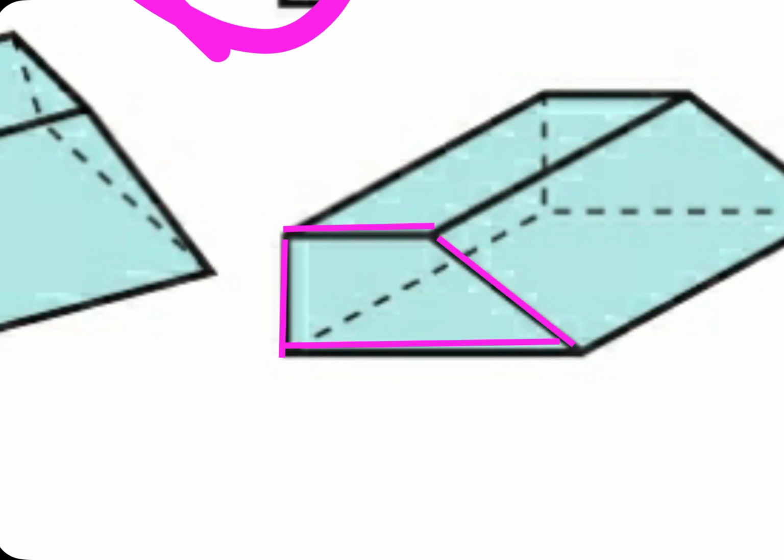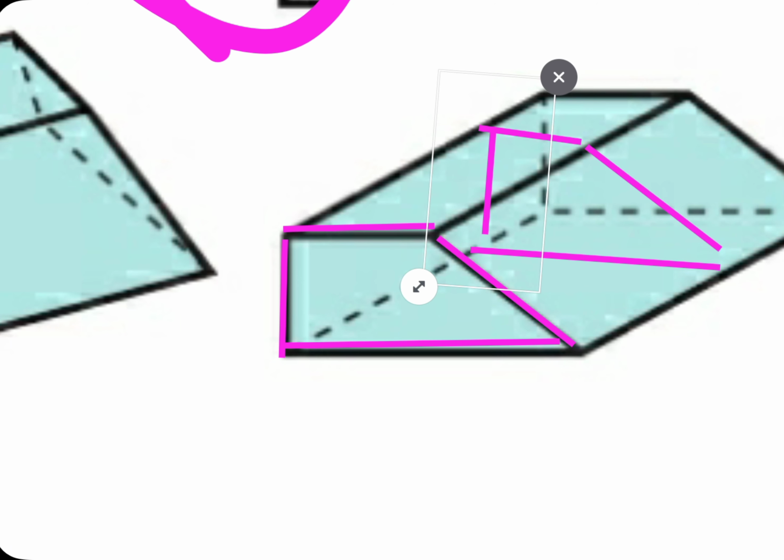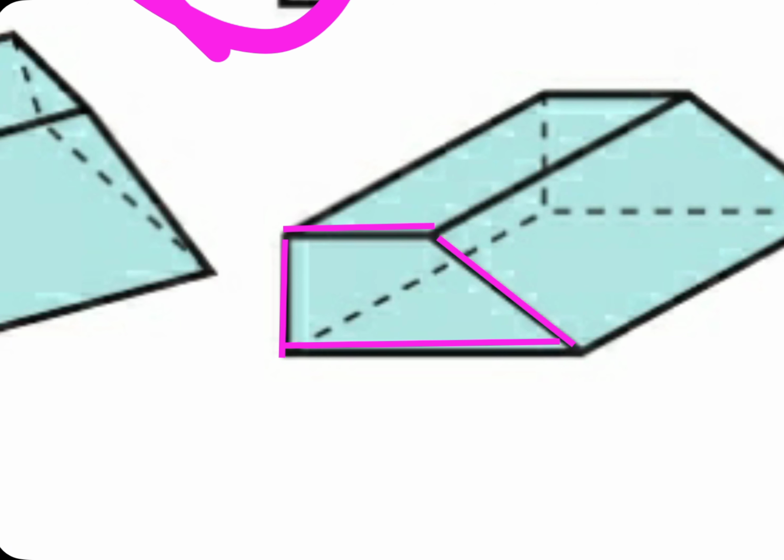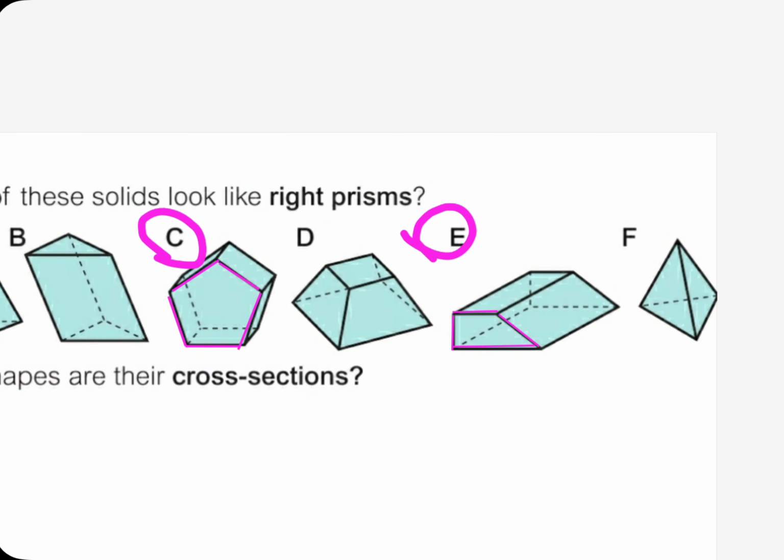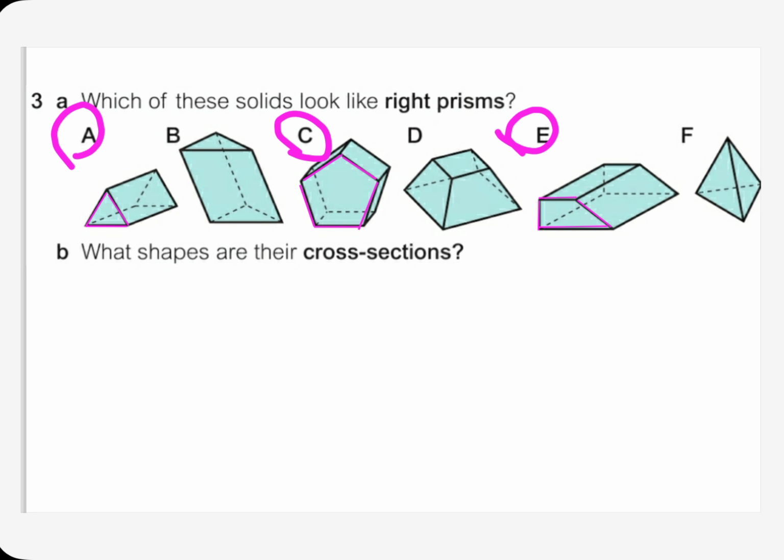Each time you go inside, you'll make the same trapezoid, so the same trapezoid will be traveling with you along the prism. So the answer for this question: each prism has a cross section of the same shape that it begins with. And this is the answer for question B.